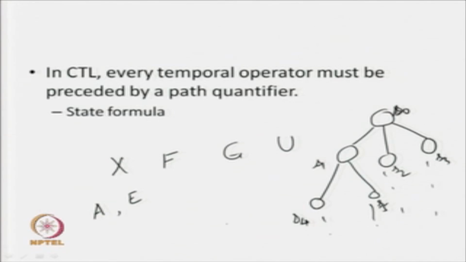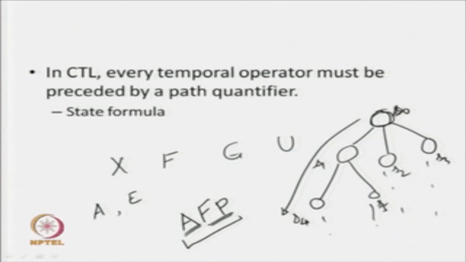Any temporal formula, say F P, says that in future P holds. This is a temporal formula, and it is basically defined over a path with respect to a starting state. But when we talk about CTL, it will be A F P. The temporal formula F P is preceded by a path quantifier, so this is a valid CTL formula, and its truth value will be defined over this particular state or any state.